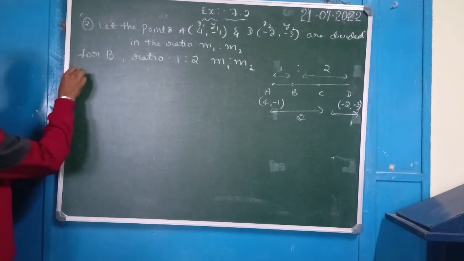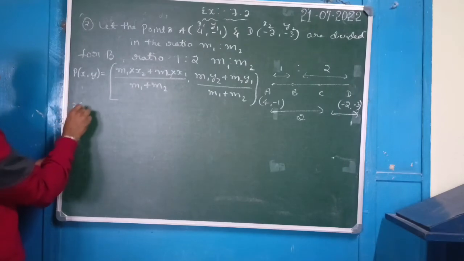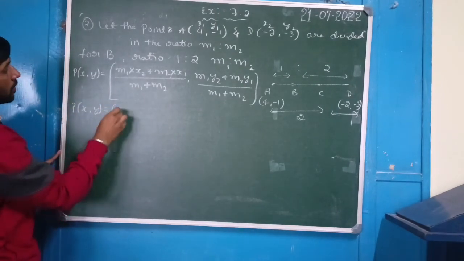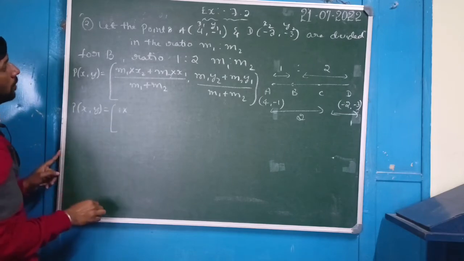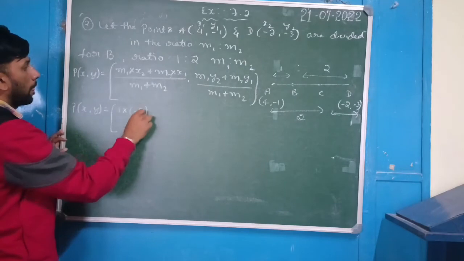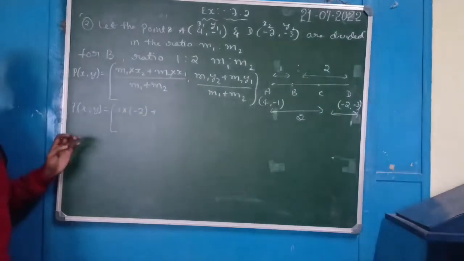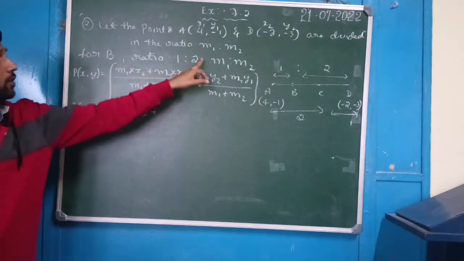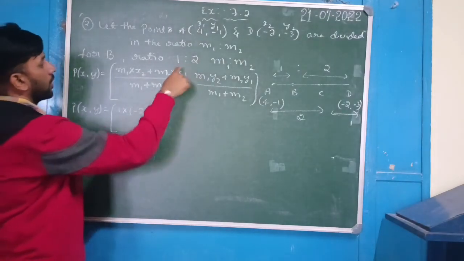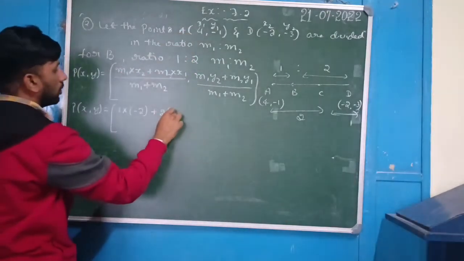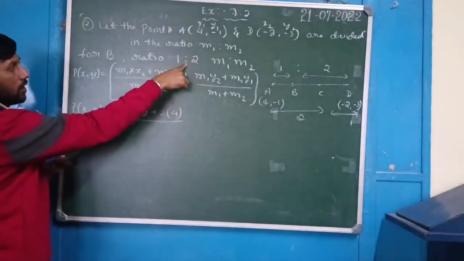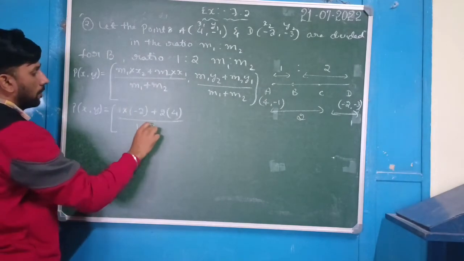Now I think you know the formula. So P of x comma y equals m1, that is 1, into x2. x2 is -2, plus m2 is 2 into x1, x1 is 4, whole divided by m1 plus m2, that is 1 plus 2.